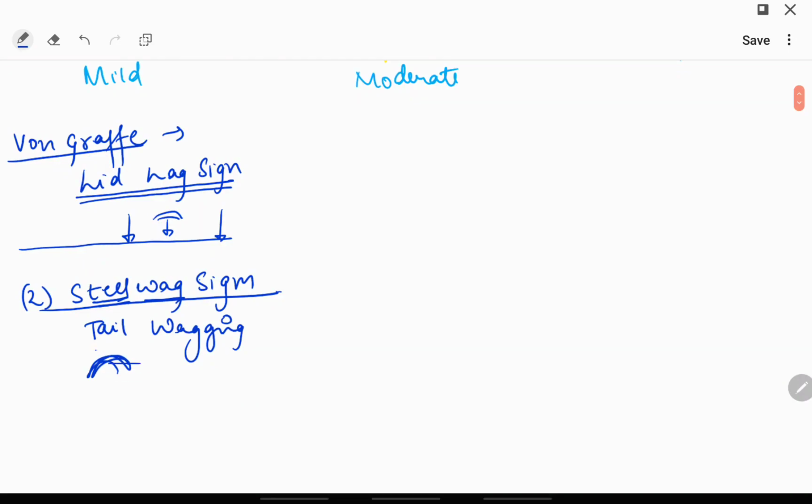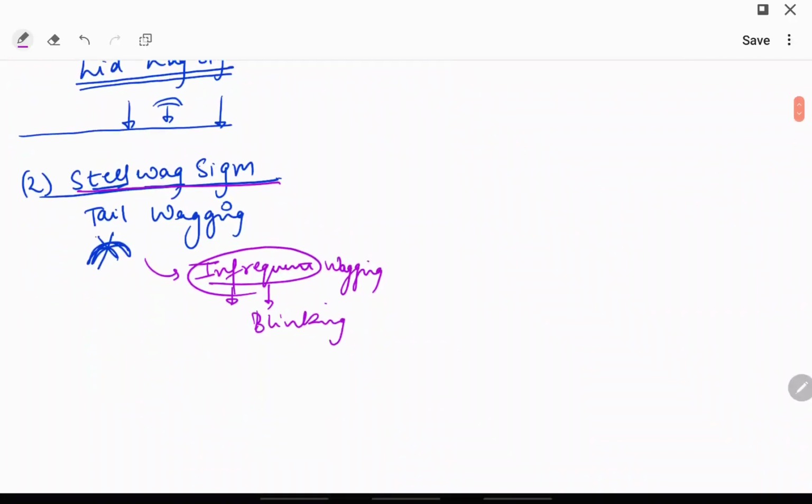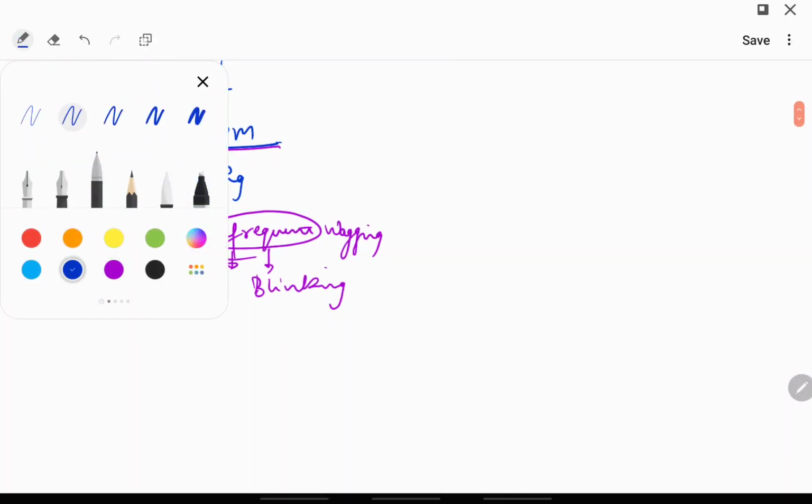Okay, so there is some disruption with this rhythm. So this continuous rhythm gets disrupted, hence there is infrequent wagging. Okay, so this is known as the Stellwag sign, that is infrequent blinking. So the blinking is not very frequent in the Stellwag sign.